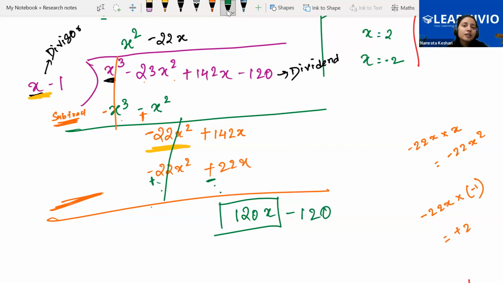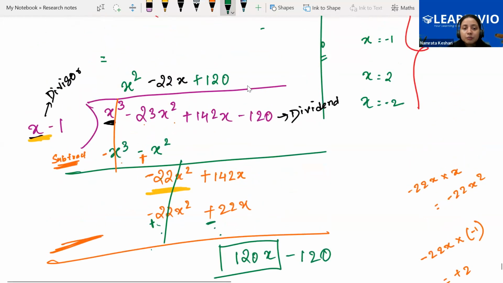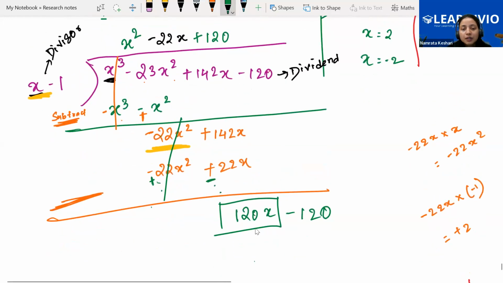Let's again continue the same process. The first term in the divisor, the first term in the dividend. What should we multiply with x to get 120x? x में क्या multiply करें तो 120x मिल जाए? Yes, plus 120. What will be there below this dividend part? 120x minus 120.